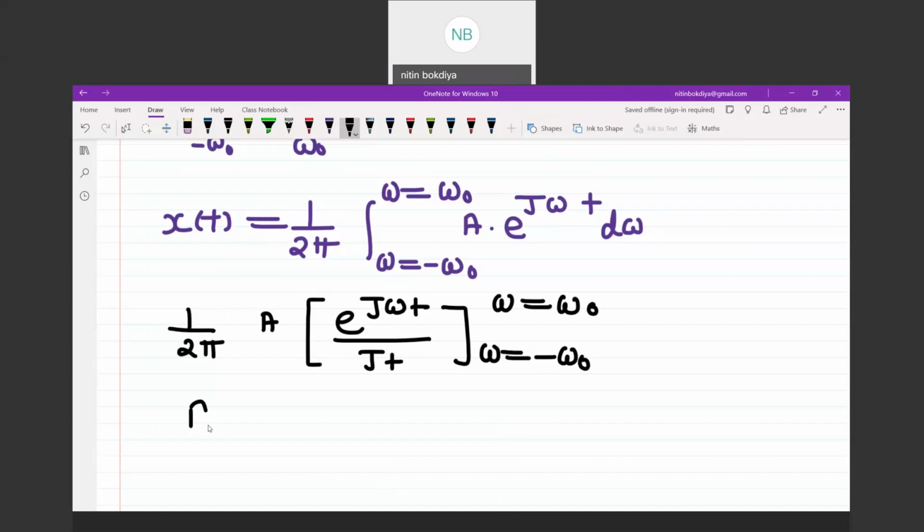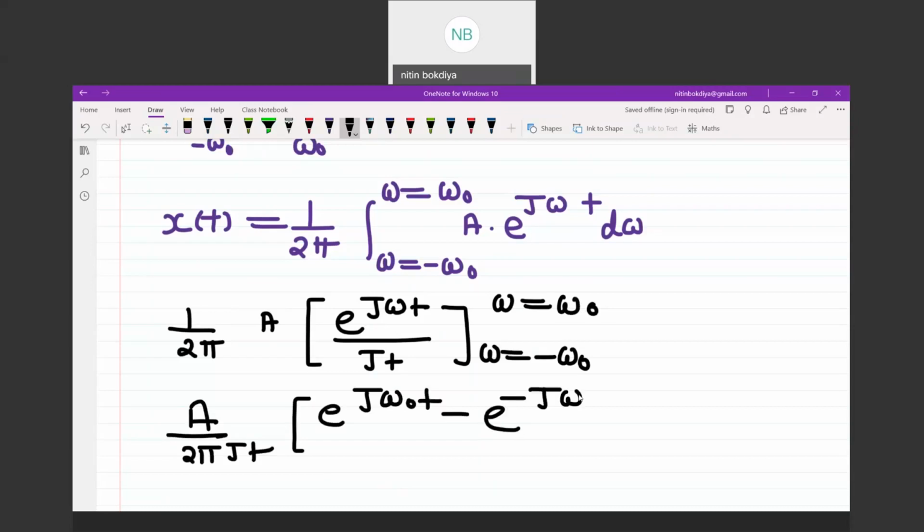So this is a by 2 pi into jt. This will be e to the power j omega naught t minus e to the power minus j omega naught t.